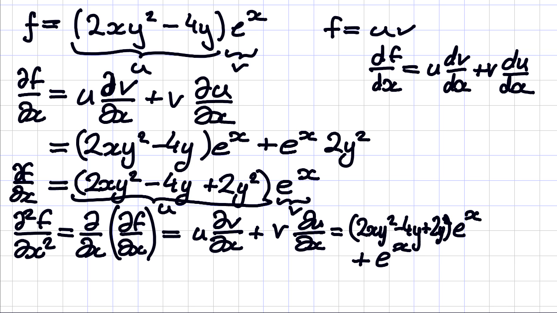But when I differentiate with respect to x, I treat y as a constant, which means it's only the first term of u which has a non-zero derivative, because 4y and 2y squared, they're both constants. Derivative of a constant is 0. So it's just the 2xy squared term that I need to take a derivative of, and that I just treat as constant times x, so I just keep the constant, 2y squared.